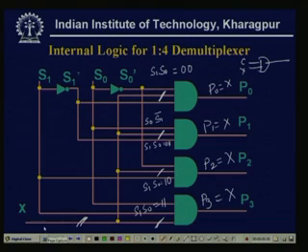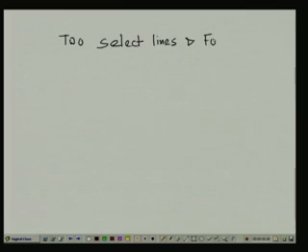That means, if we summarize, I have 2 select lines and 4 output lines.